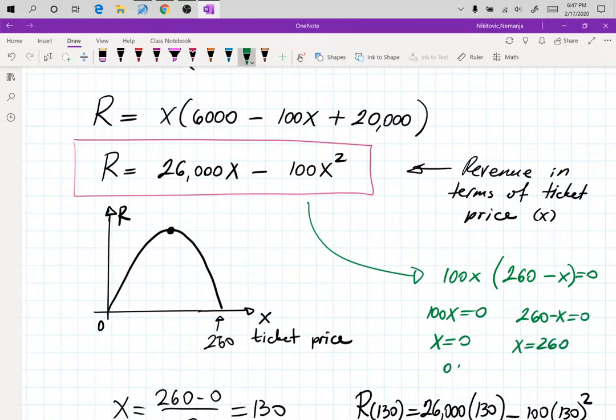When I average 0 plus 260 over 2, I get 130, which is the number that we were tossing around to calculate the highest value. So it's always going to be the average between these two, and these guys are intercepts, so you can always average them, and then you will calculate your revenue, or your area, at that value.